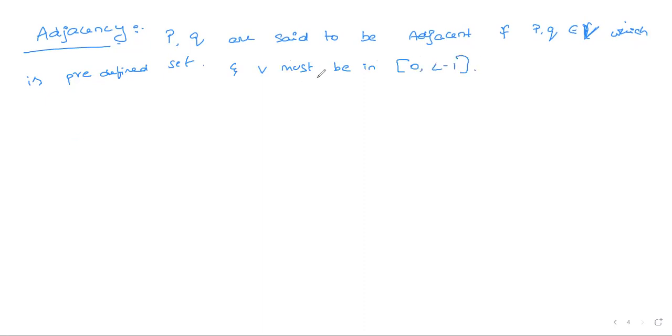The values available in the V set must be in 0 to L minus 1, and P comma Q must belong to V.